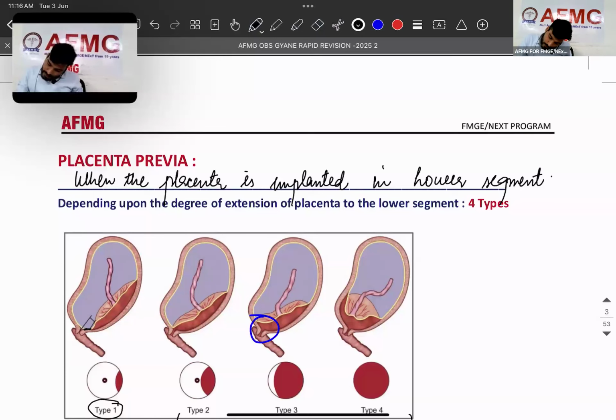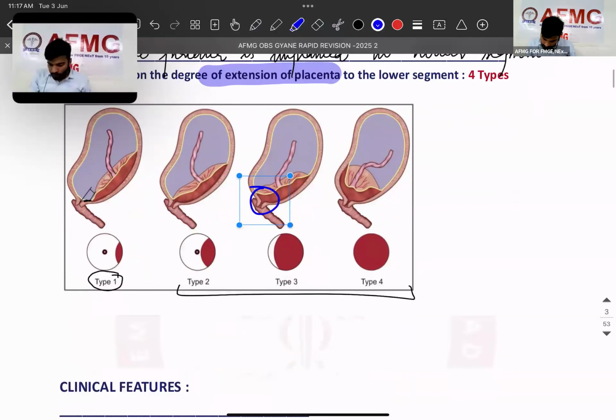Now, my dear students, based upon the degree of extension, depending upon how much this placenta is extended on the internal os, the opening, it can be of how many types? 4 types: type 1, type 2, type 3, and type 4.